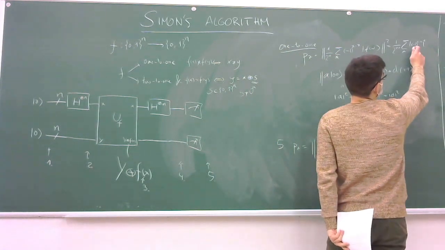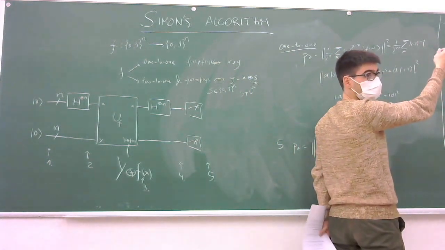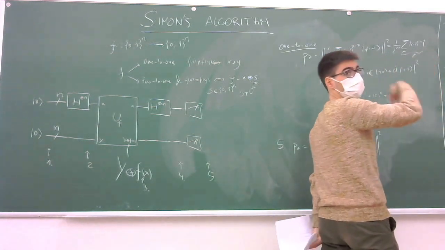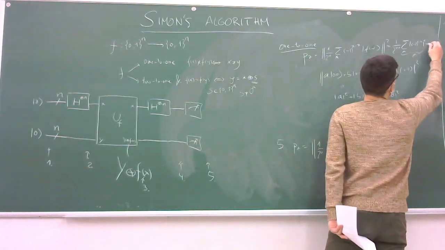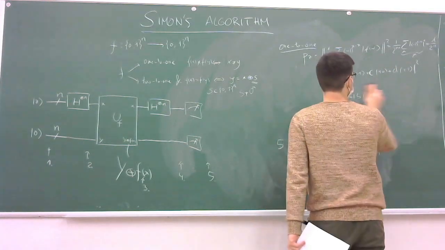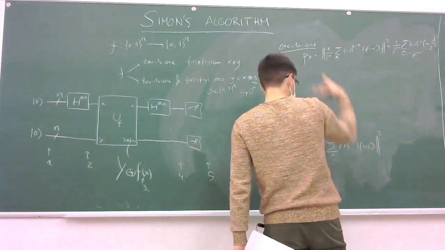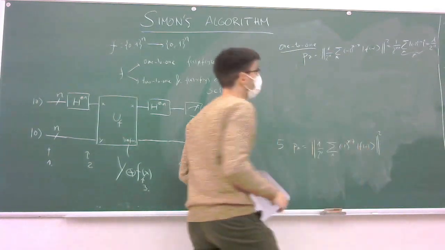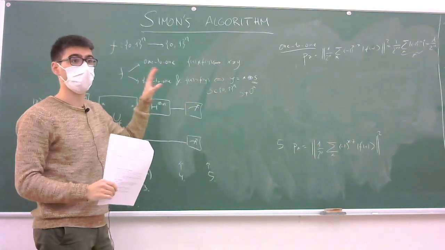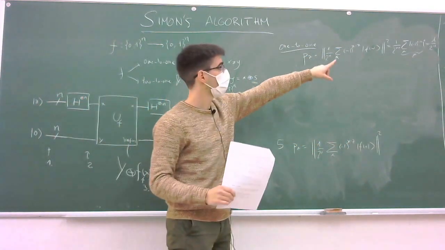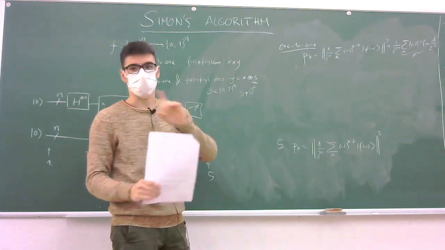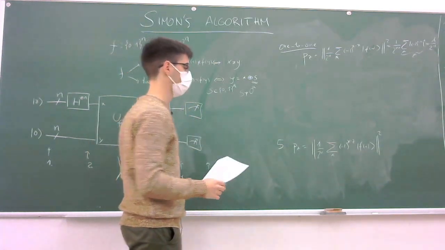And as the modulus of this number will always be 1, and it is added 2 to the n times, because there are 2 to the n different possibilities, what you get finally is 1 over 2 to the n, which is independent of the set that you are trying to measure. So we won't obtain the result with a single measurement, we will have to perform many. And if we get this output distribution, we will know that we are in that case. But it won't be easy, we will see now. But that's just an idea.